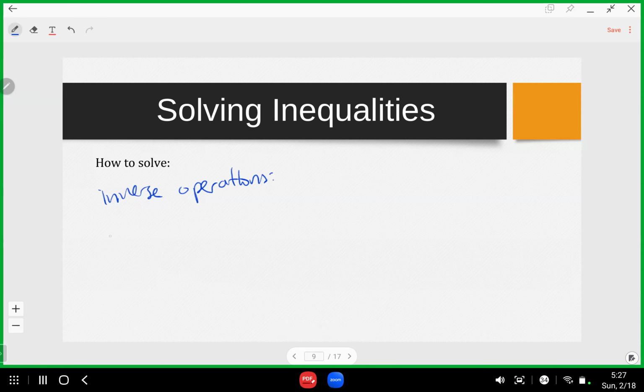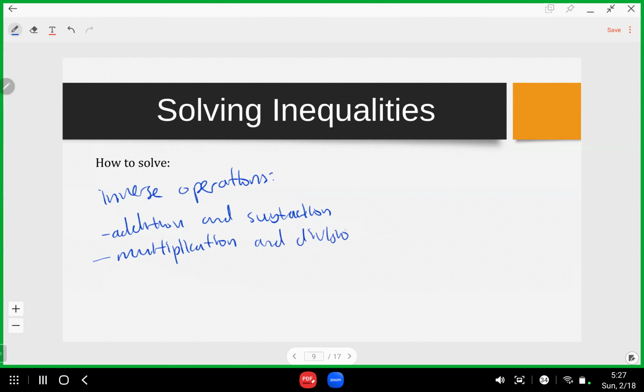So what do we have? Addition, subtraction. All of these things are the exact same, except for one detail, which I will talk about later. The one key point is that you have to flip the sign.